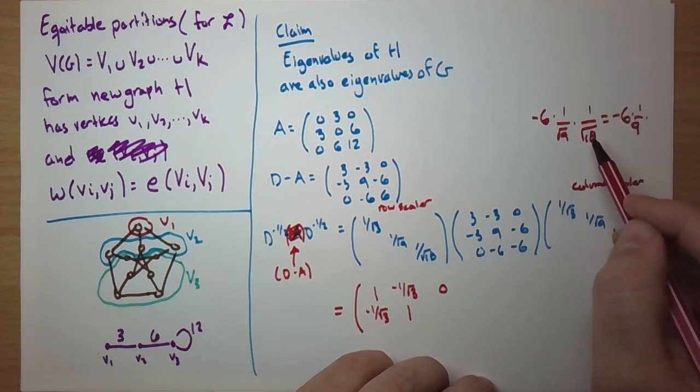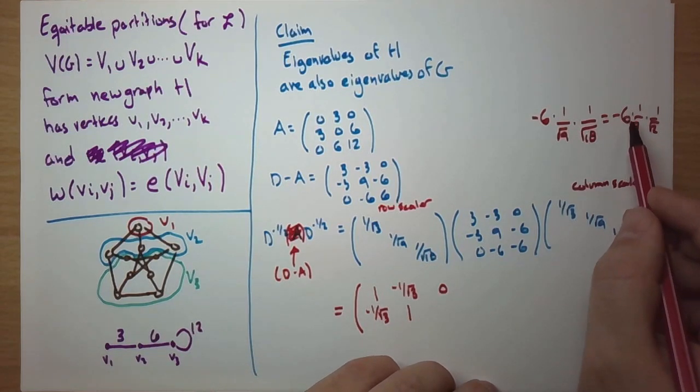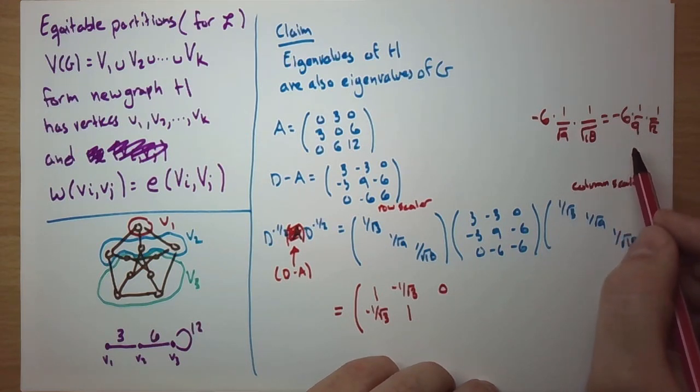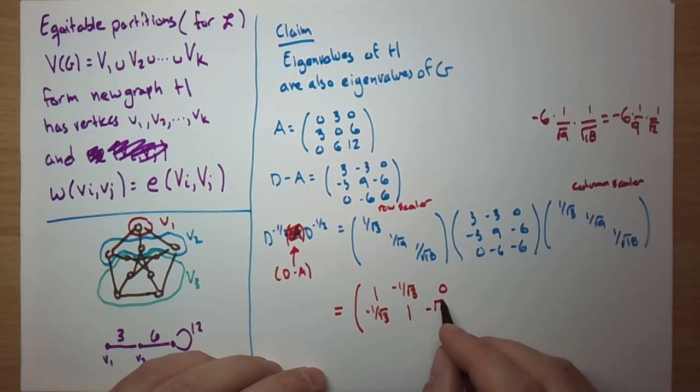You can pull out 1 over root 2, yes? So that leaves us with negative root 2 over 3. Negative square root of 2 over 3.